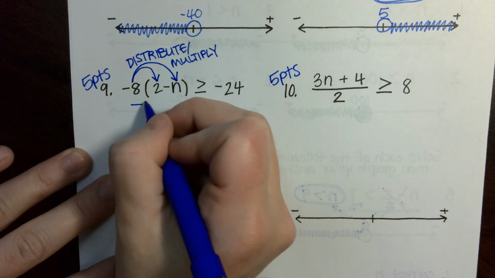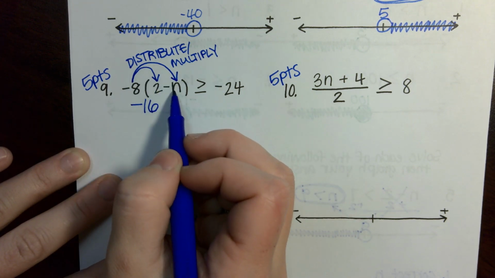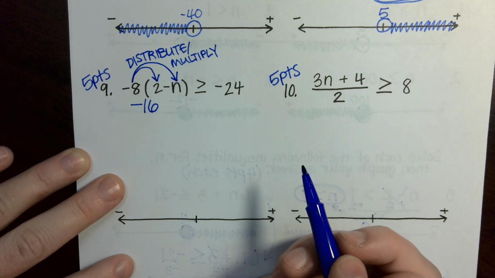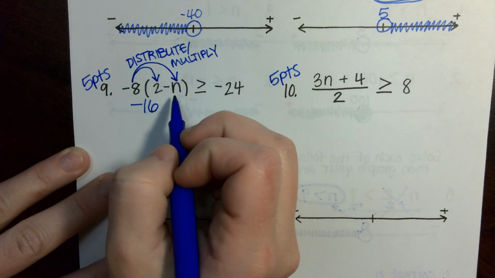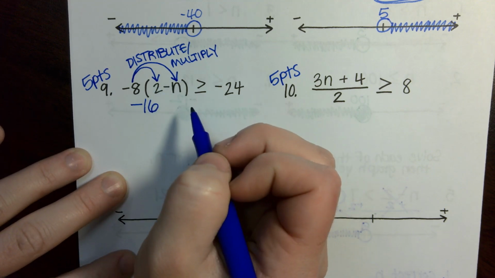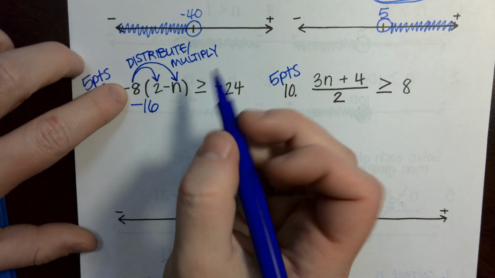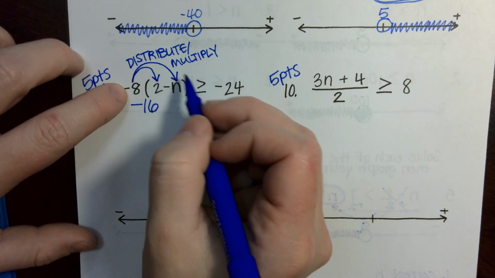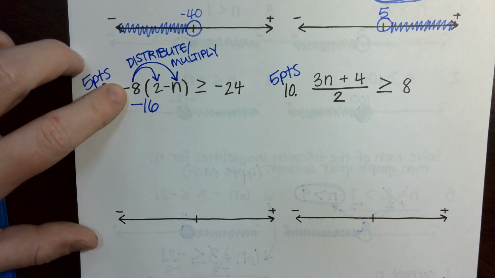-16. Good, -16. And what is -8 times -n? -8 times another negative. Oh, +8. You're good. So remember, if I have n by itself, that really means there's 1.